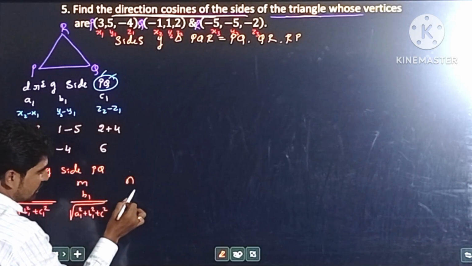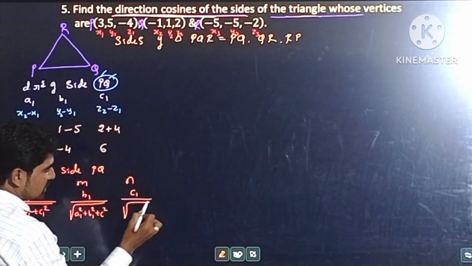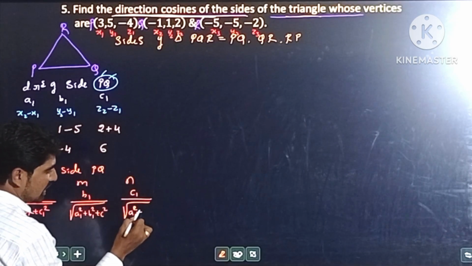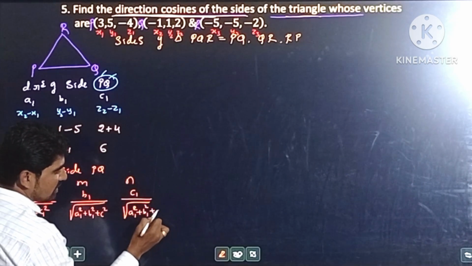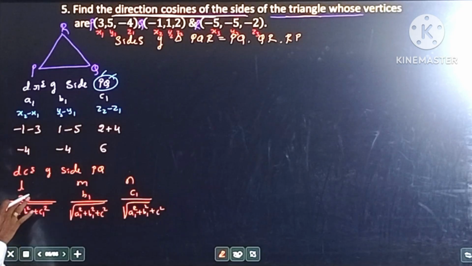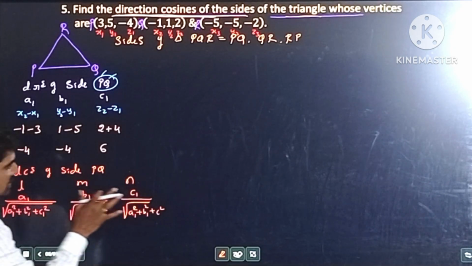We already know the values of A1, B1, C1.